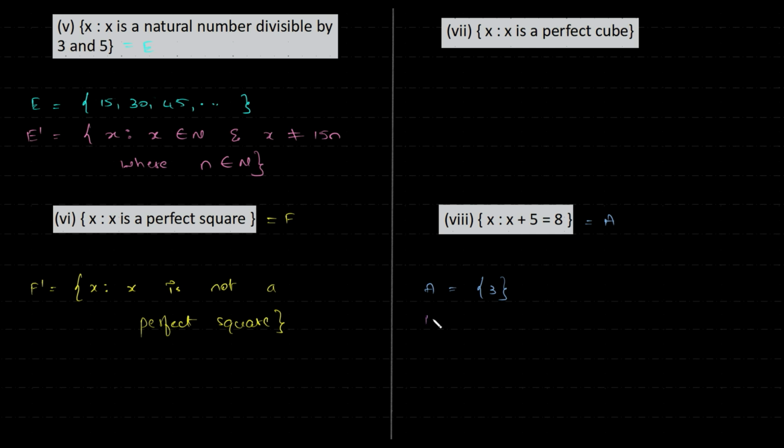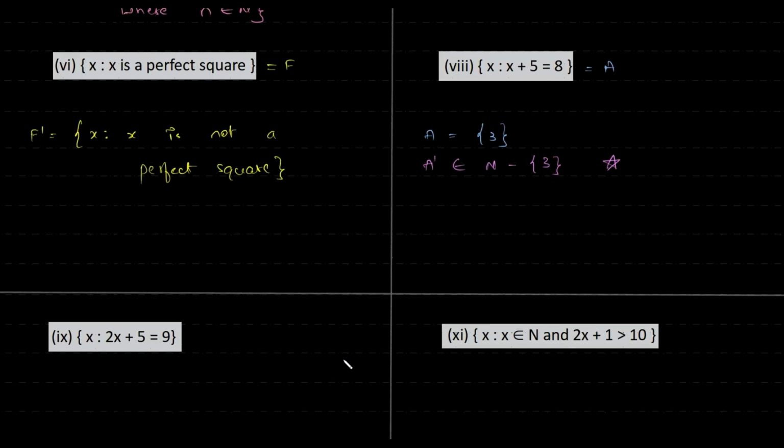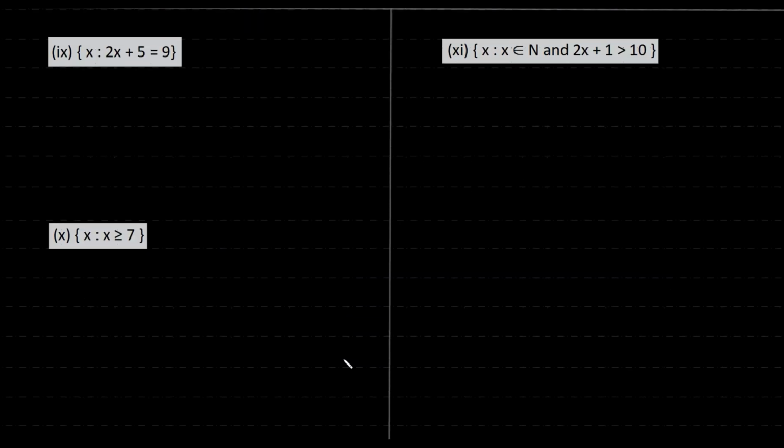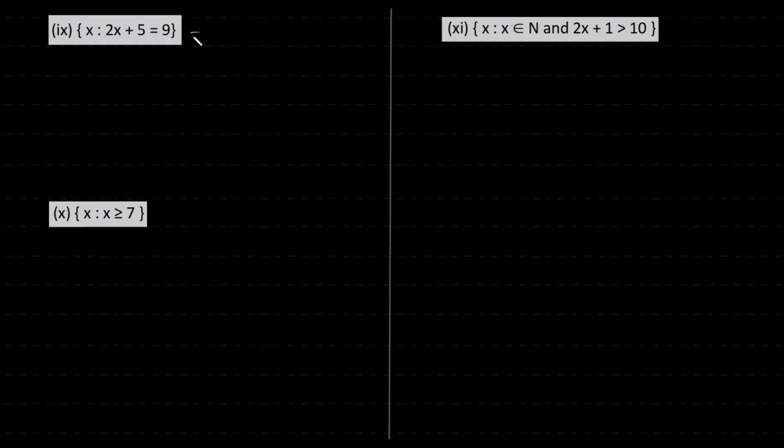Now A dash will be made up of all the natural numbers other than 3. So this is a representation I would like you guys to understand. Are you getting this? Again, this is very important for us to understand and to represent.